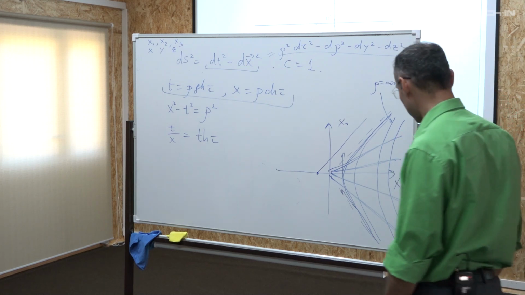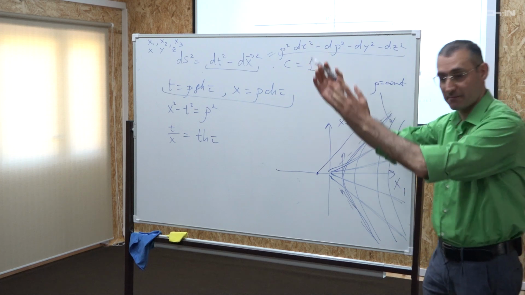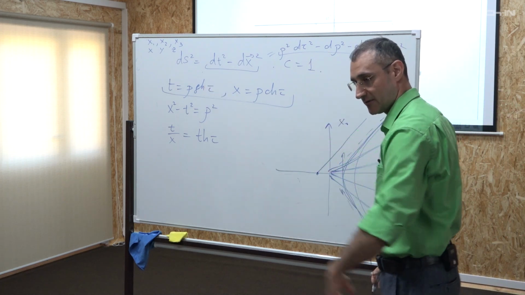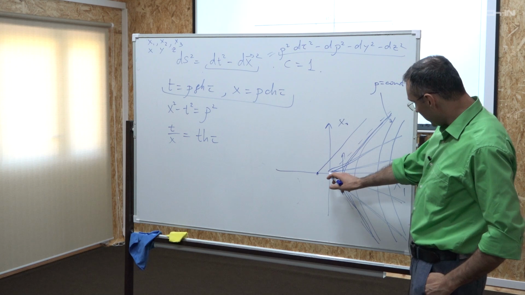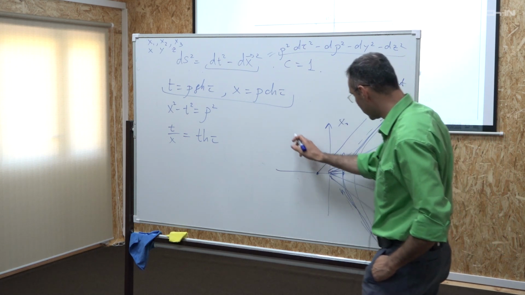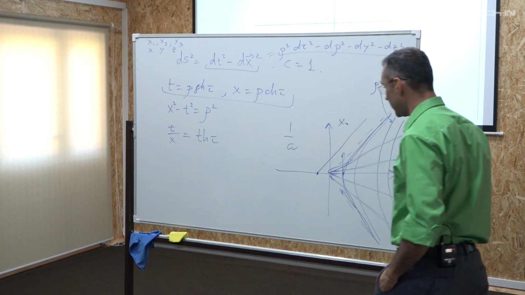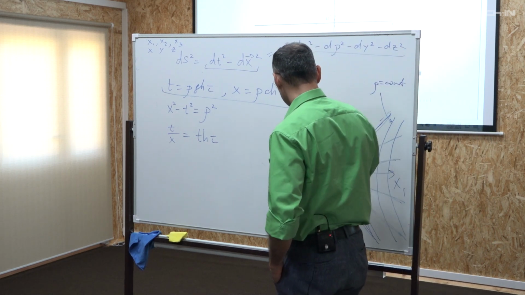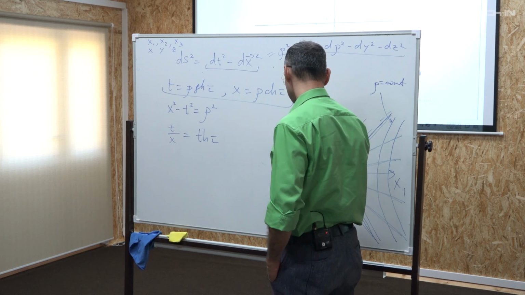You see? This particle will always escape from the light if it eternally accelerates. So you have to radiate from some distance away from the particle. This distance is just 1 over a. If I restore the speed of light, it will be c squared divided by a.